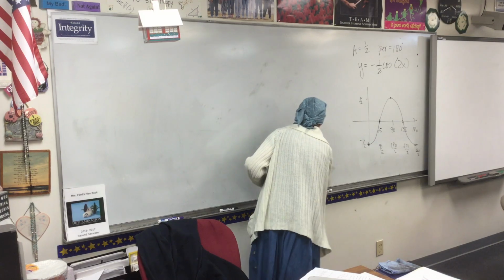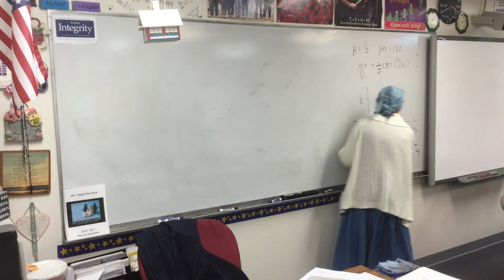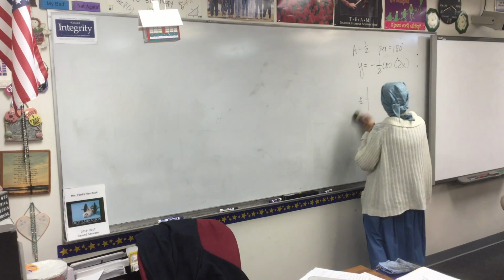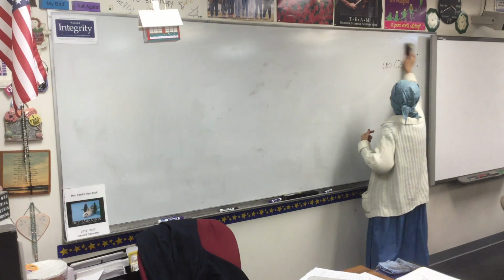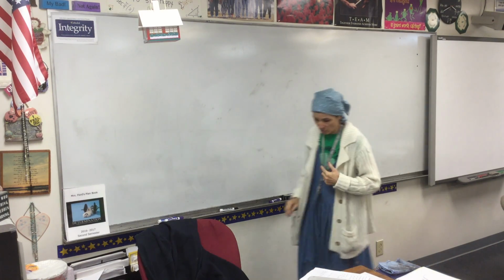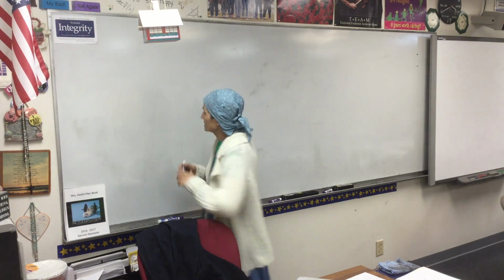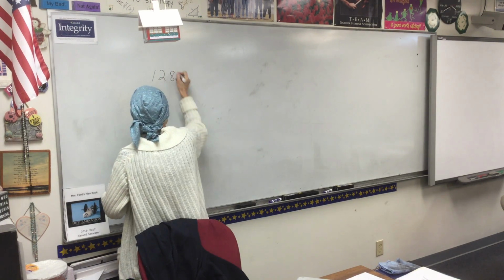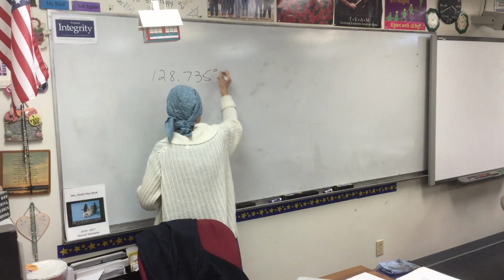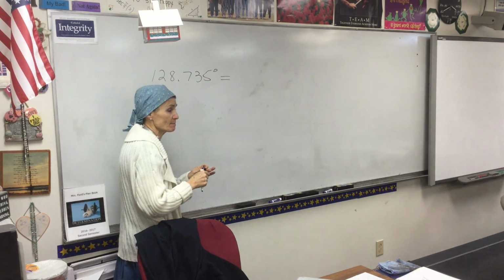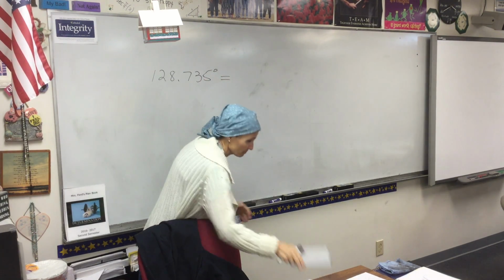Some of you will probably have exactly the same order of problems, but everybody's gonna have the same kind of problem to do. So everybody's going to have to do a problem like number 8, where we're converting this decimal, 128.735, and we're gonna convert it into degrees, minutes, and seconds.